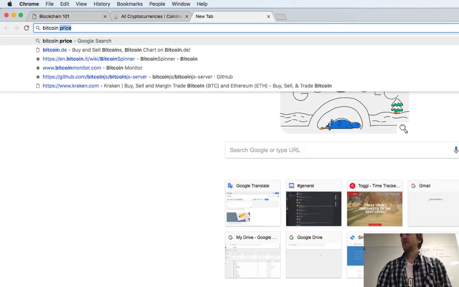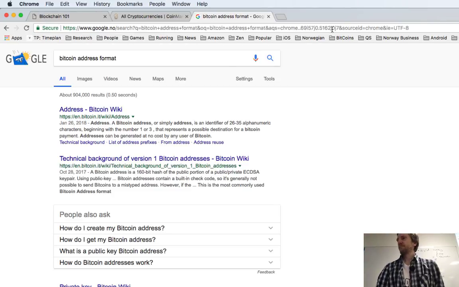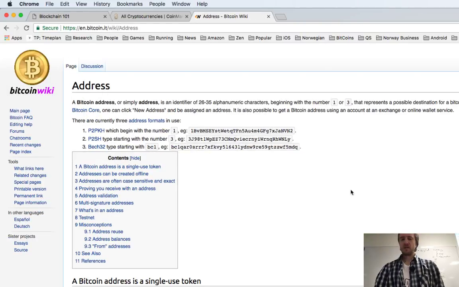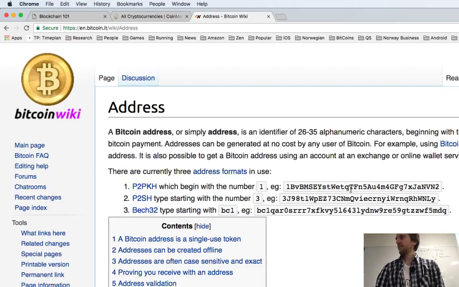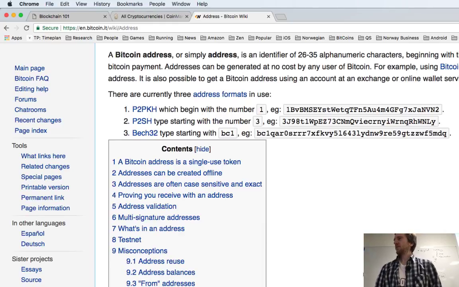Bitcoin address format. Okay. So, okay. It turns out we have three types of addresses. One which starts with 1, the other one which starts with 3, and then we have the new one which starts with characters BC1 or something like this, right?